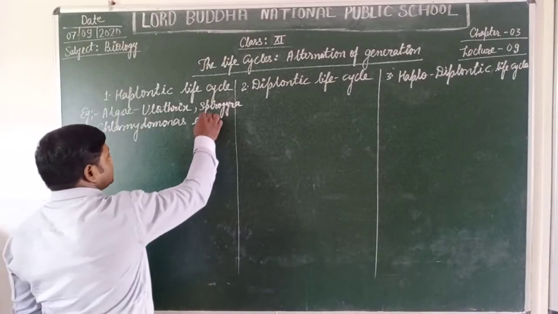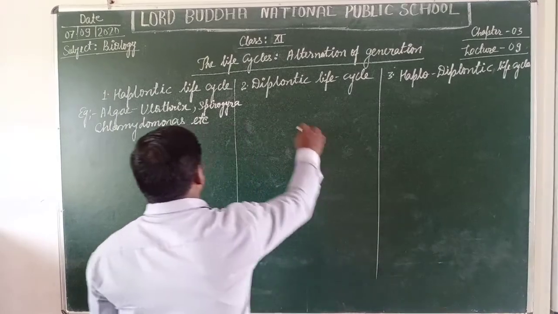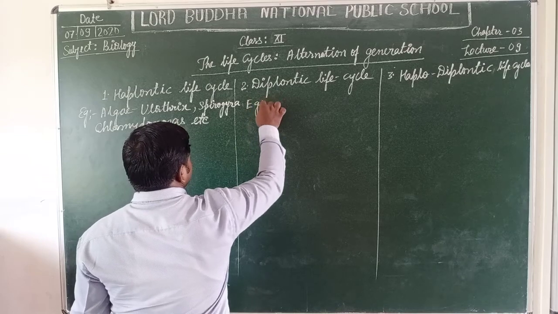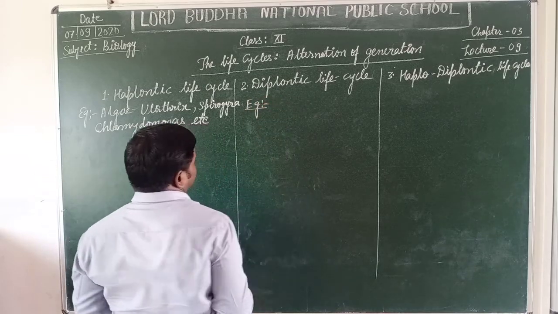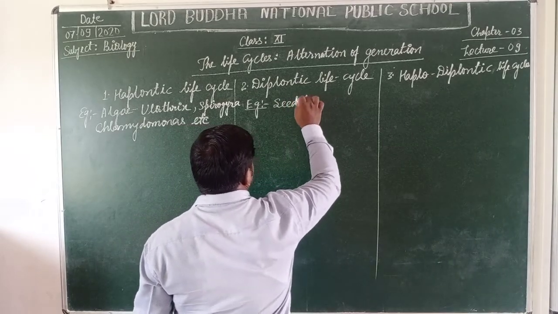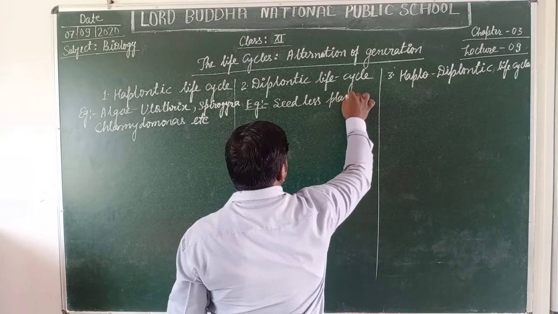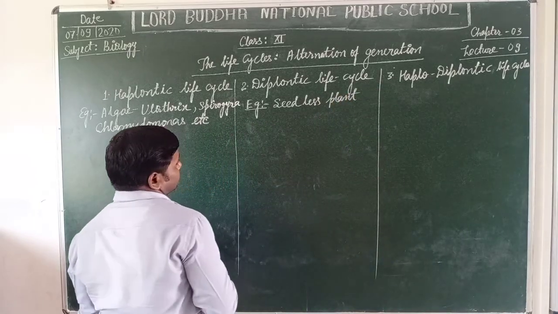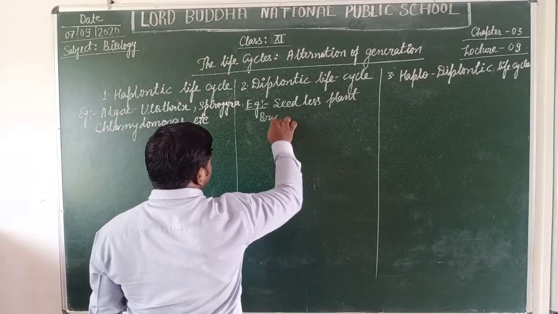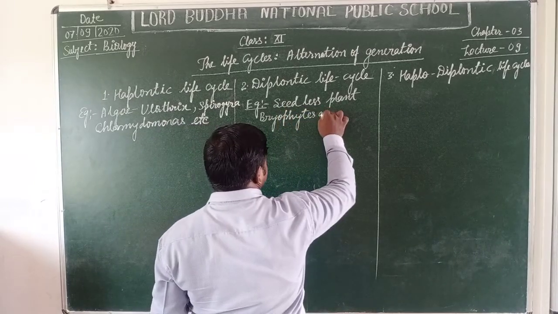And the diplontic type of life cycle is mainly found in some archaeoalgae as well as the seedless type of plant species belonging to the groups bryophytes and pteridophytes.